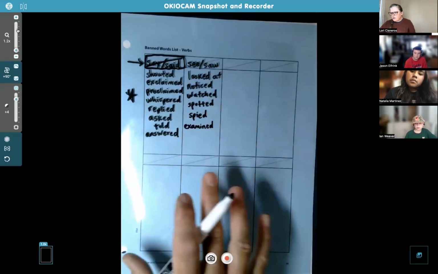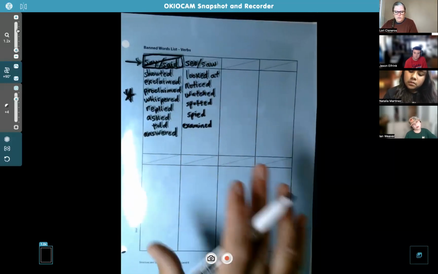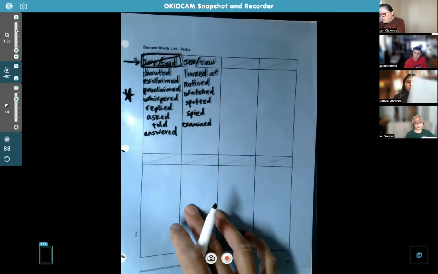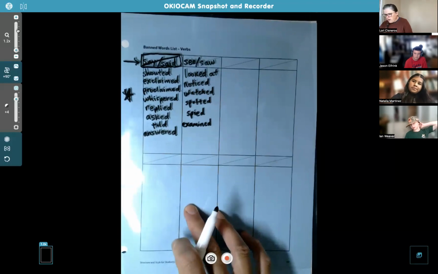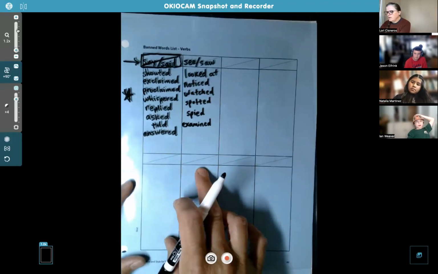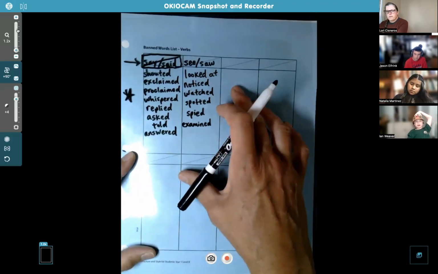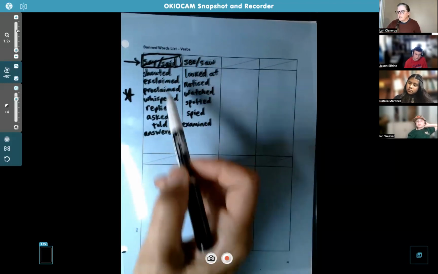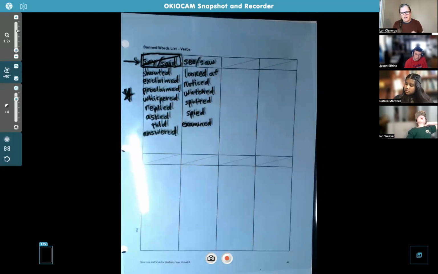Okay, so you're going to keep this blue page with the stuff for the Odysseus and the Cyclops. But let's come up with another word. Do you have another one? No, I mean another word for the banned list. We're just doing these two lists right now. Eventually, we're going to keep adding to it, though.